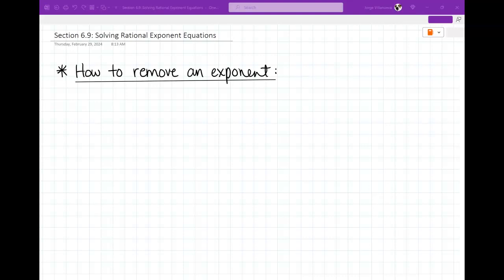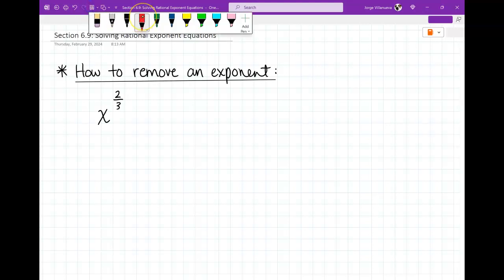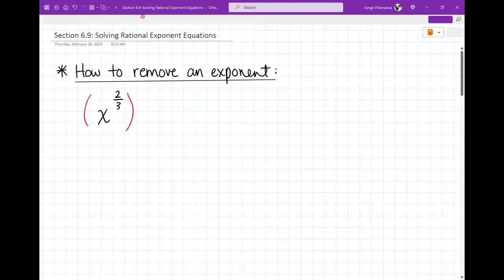Okay, so let's say I have something like x to the 2/3. The way I'm going to get rid of it is I'm going to raise it to the 3/2 power. Notice that's the reciprocal of 2/3, right? I just flipped it. What are you supposed to do when you have a power raised to a power?